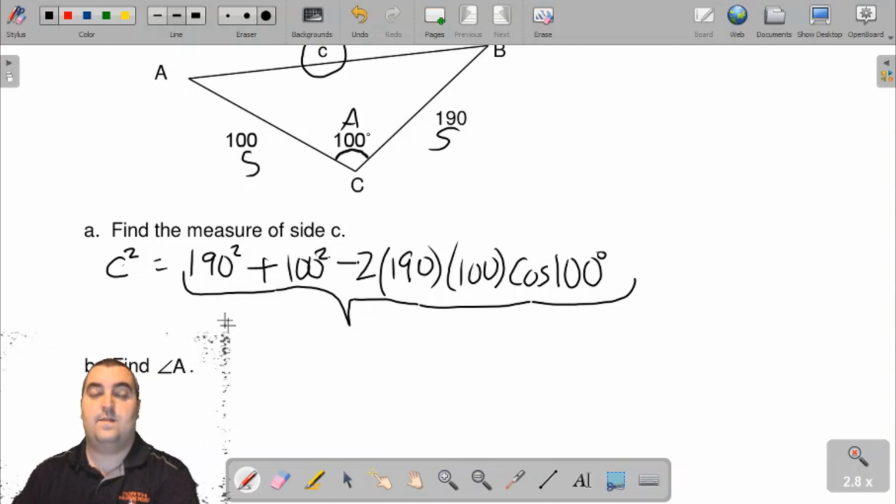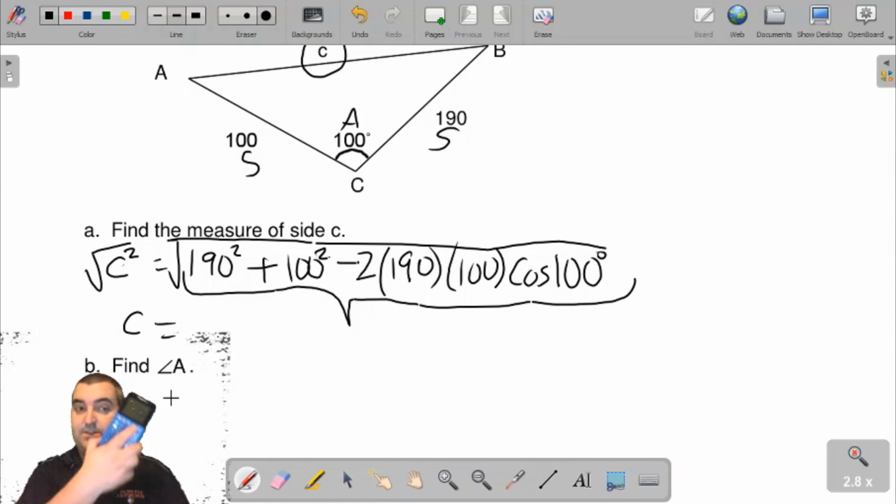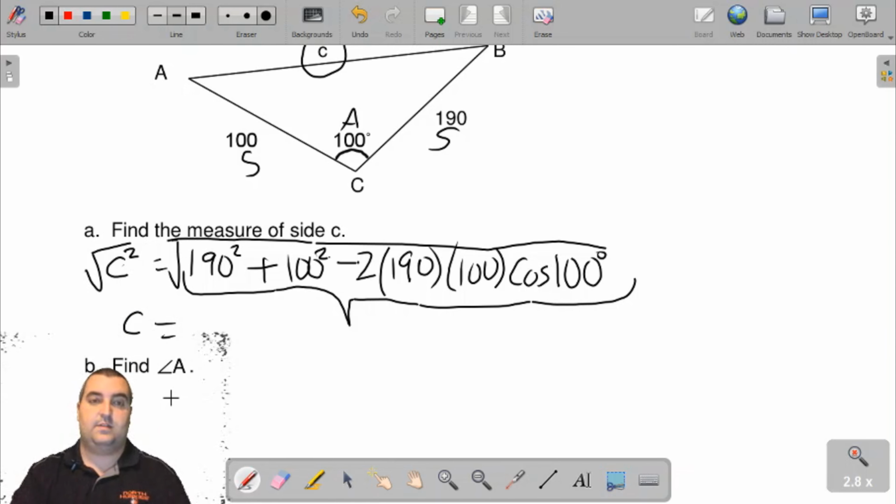And then we're also going to square root both sides. Now, yes, we are square rooting, so usually we put the plus or minus in front, but because we're just talking about a distance here, we're going to keep it positive. So the rest of this is just going right to the calculator and typing in exactly what you see and hitting enter.